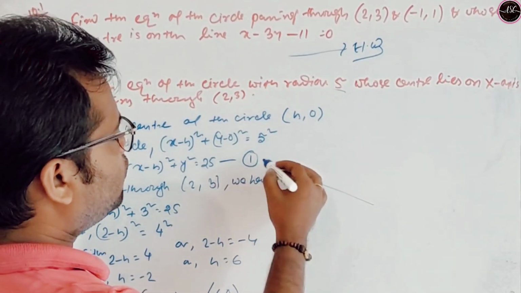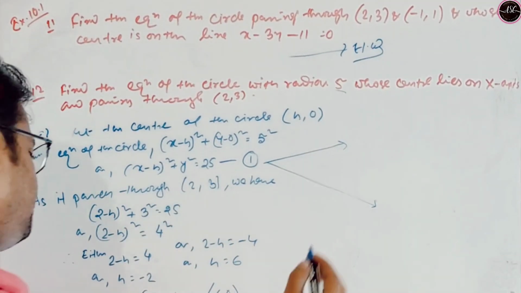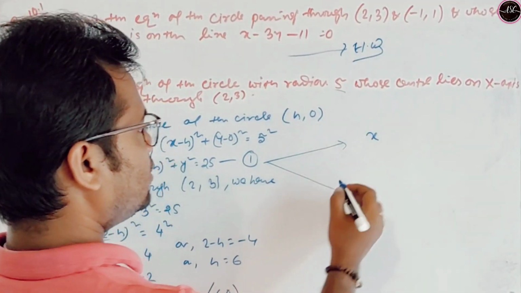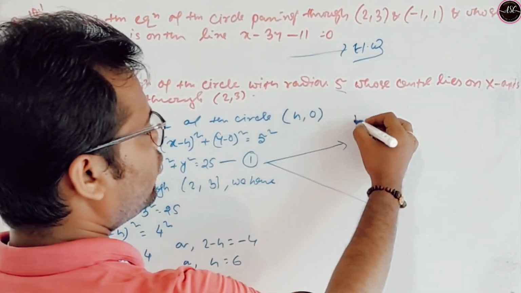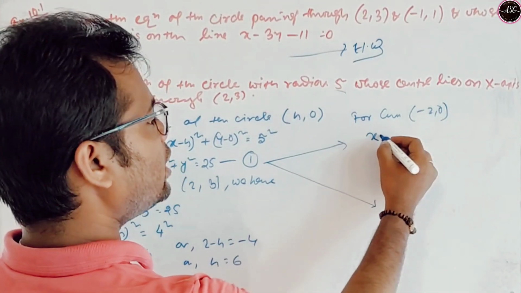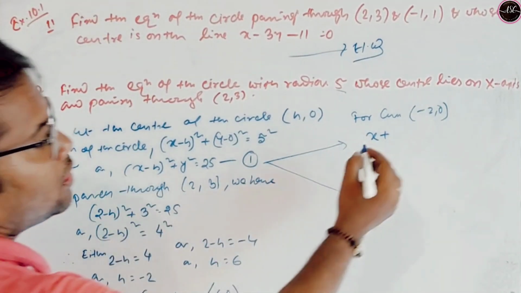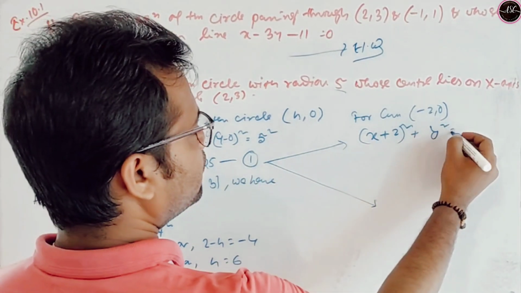So if we put the value of h in equation 1, for center minus 2, 0, the equation will be x plus 2 whole square plus y square equal to 25.